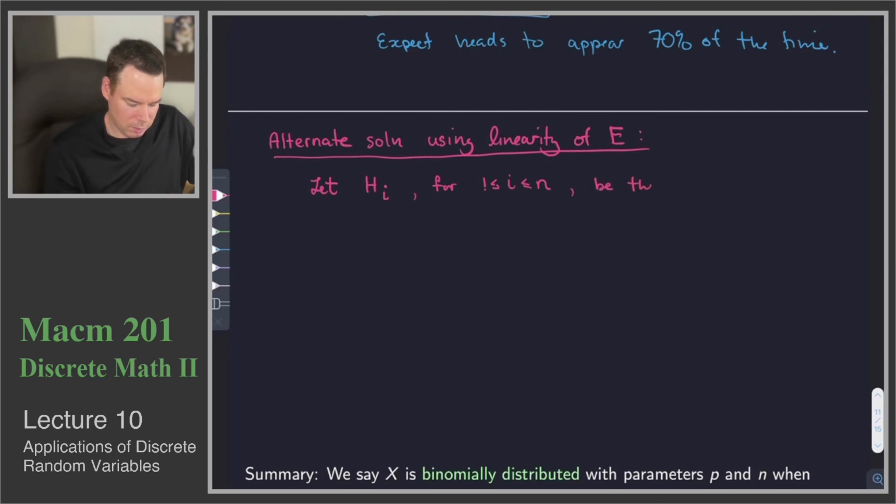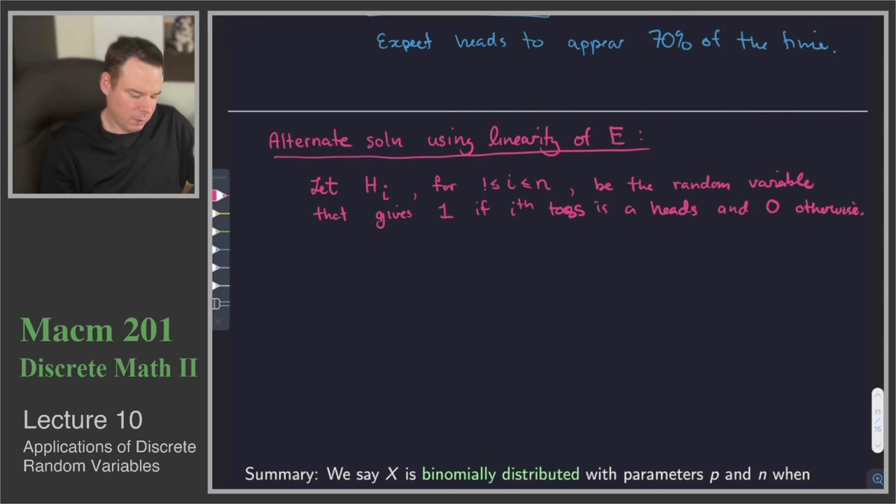So let hi be the random variable that gives 1 if the ith toss is a head and 0 otherwise, so if it was a tail.